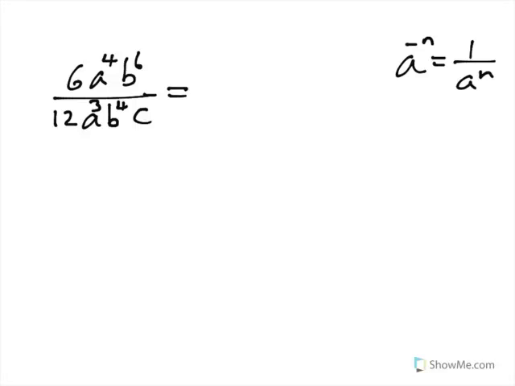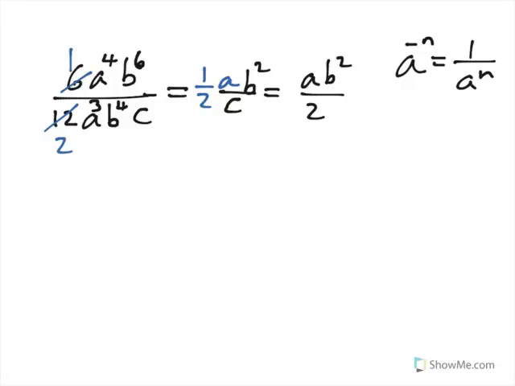And if we cancel the 6 and the 12, 6 goes into 6 once, into 12 twice, we get a half in it, and a to the power of 4 divided by a cubed is just a to the power of 1, and b to the power of 6 divided by b to the power of 4 is b squared, and we can see there's a c on its own at the bottom, so I'm just going to write it there for now. That's untidy, so write it as ab squared over 2c as a possibility.